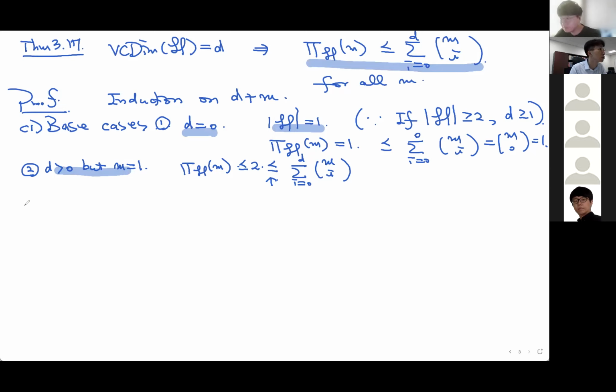Now how to do the inductive case. To show the inductive case, we will introduce one notation.